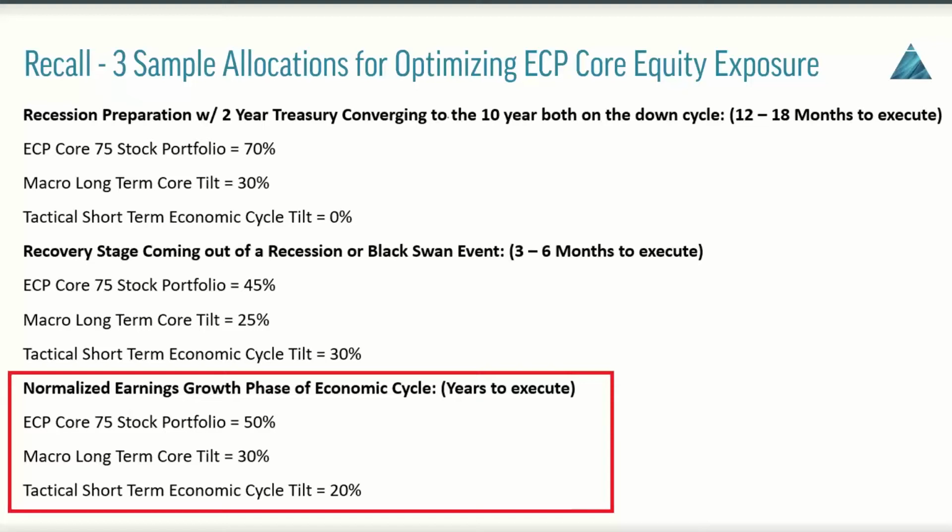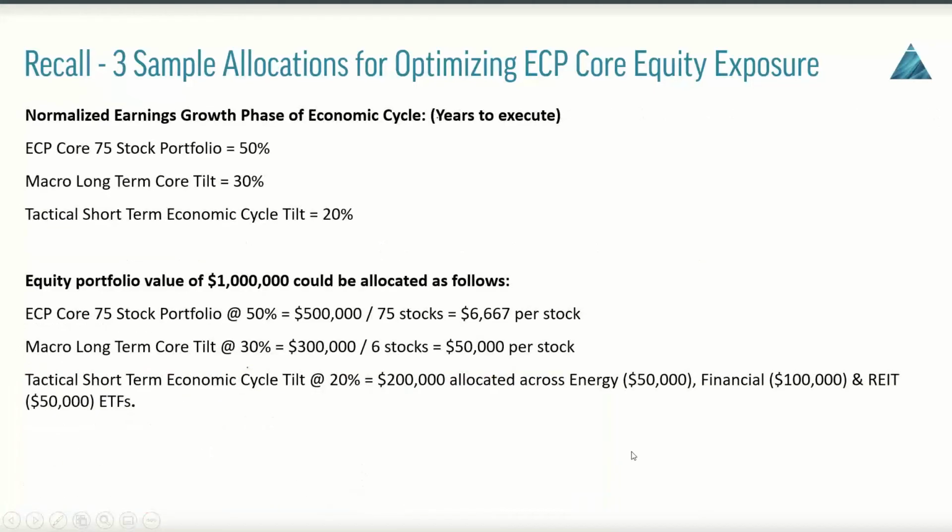So we are preparing now to get into that normalized earnings growth phase. If we're going to use the ECP Core 75 stock portfolio as an example, we would want a roughly 50% allocation to that. Macro long-term core tilt about 30%, tactical short-term economic cycle tilt around 20%.